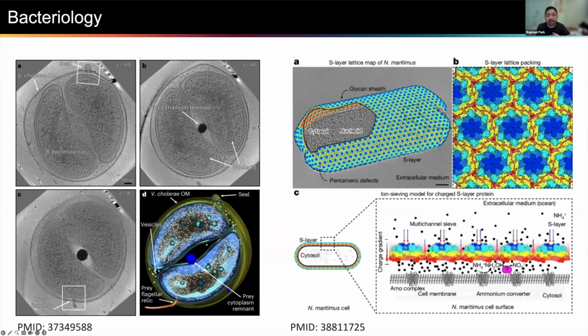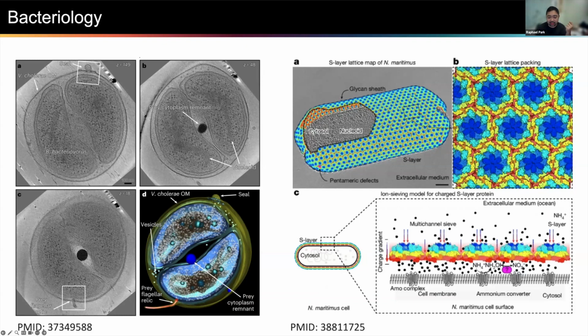And of course, aside from averaging interesting nanomachinery from bacteria, cryo-ET can be used to look at simply interesting bacteriology. One example I have on the left is what we call vampire bacteria.